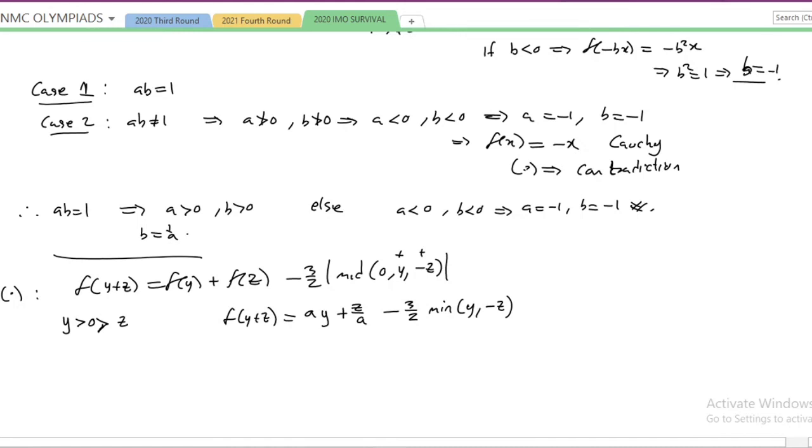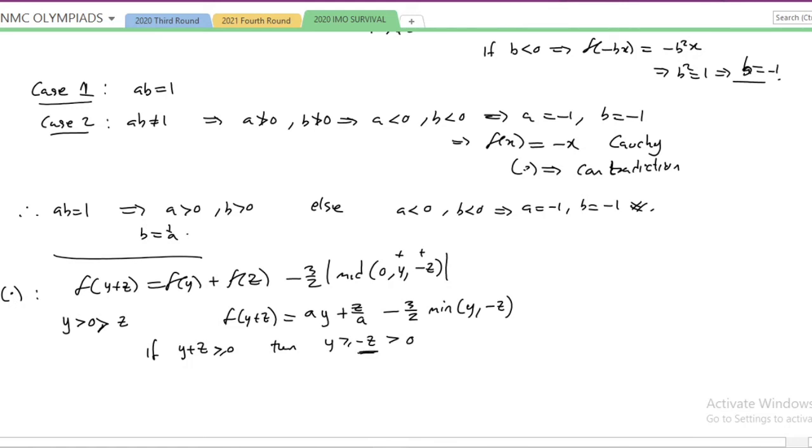Okay, so now just quickly take two cases. So we have case 1. If this is greater than or equal to 0, then we have that y is greater or equal to minus z, which is bigger than 0.